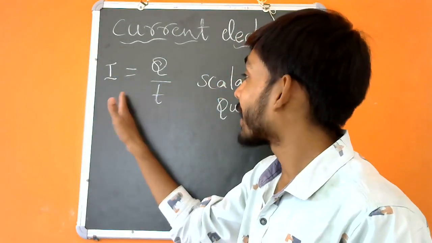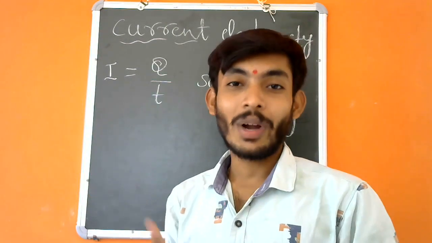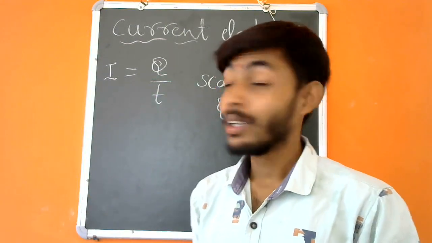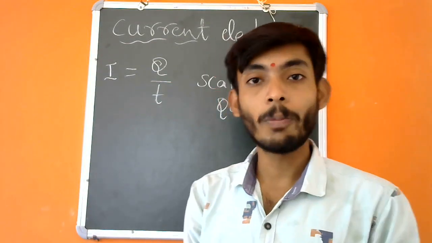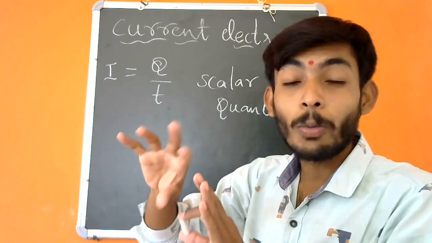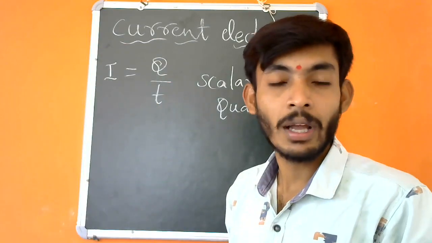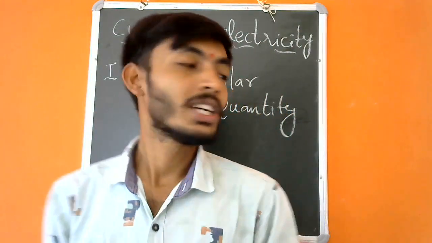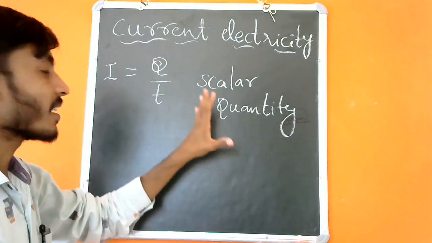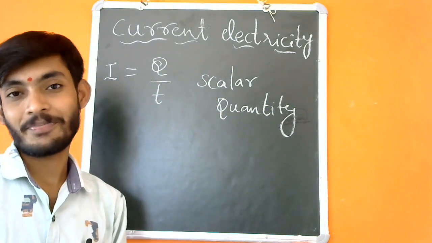You may ask, current has magnitude and current has direction, though current does not obey the vector addition law. It obeys the law of scalar addition.